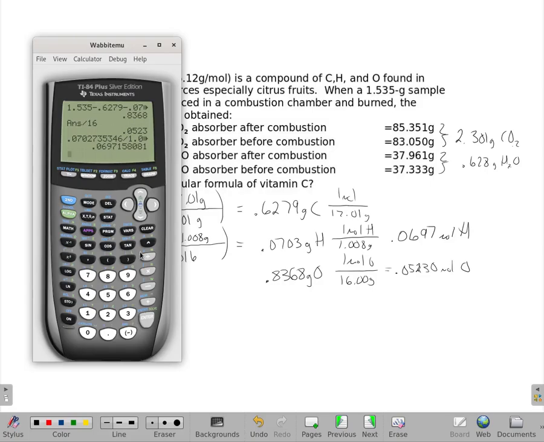And the 0.6279 divided by 12.01 is 0.05228.